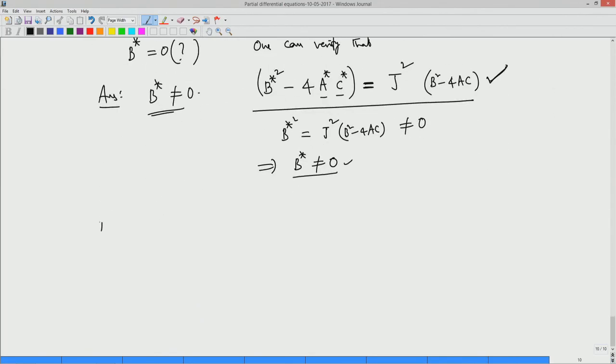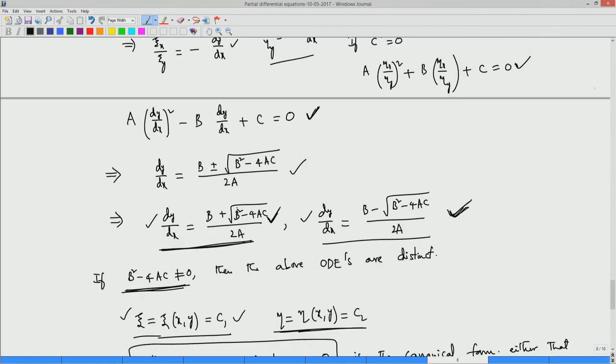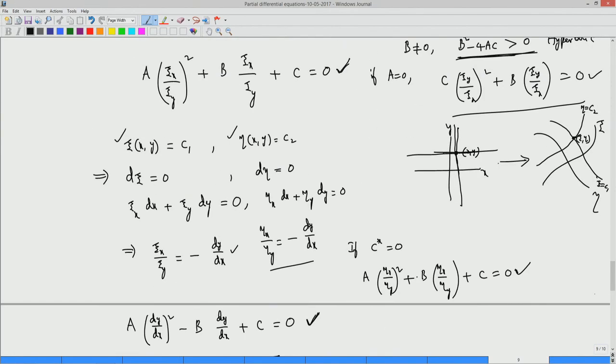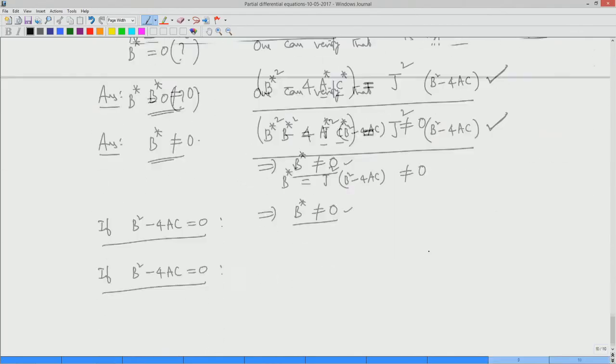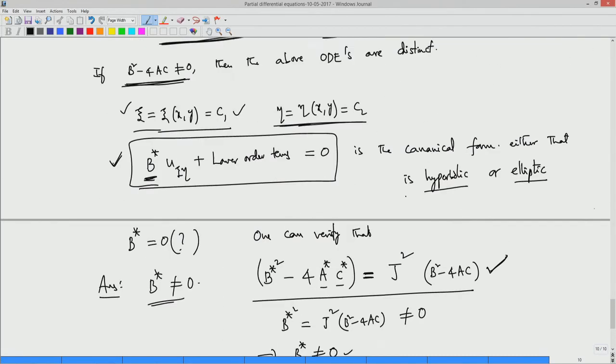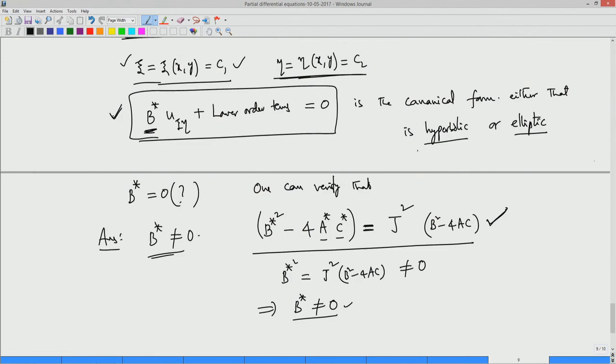What happens if b square minus 4ac is equal to 0 in this ODE? The two ODEs become a single ODE. Whether you consider a star equal to 0 or c star equal to 0, both give the same single ODE, dy by dx equal to b by 2a.